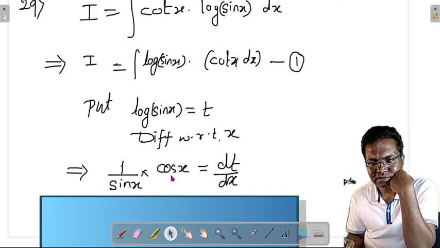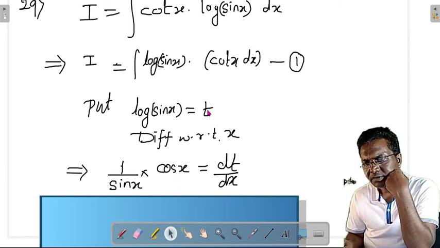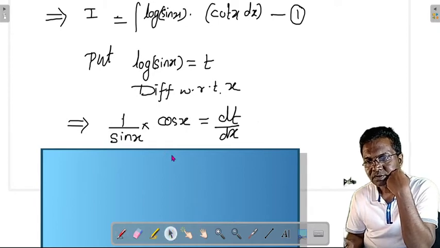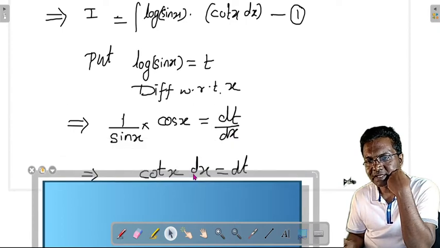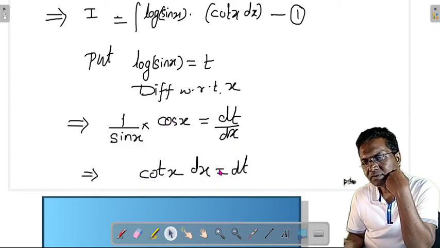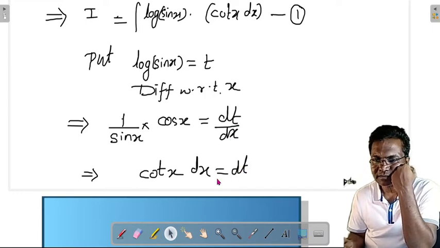You have to write this equal to dt by dx. Okay. So cos by sin is cot. Transfer dx to this side. So you will get cot x into dx is equal to dt.